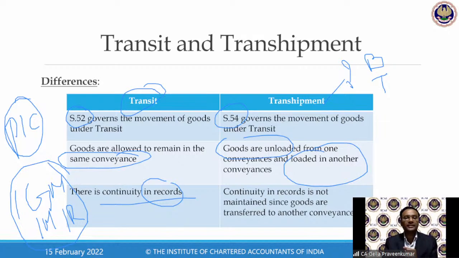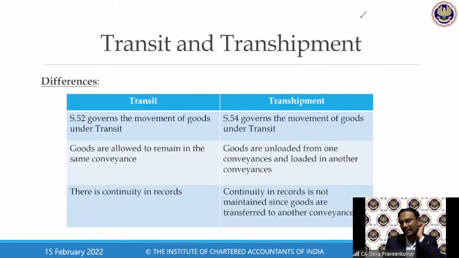In case of transshipment, from one conveyance to another conveyance, every time it changes, the records need to be updated: from Singapore to Vizag, this is the consignment; from Vizag, this portion of conveyance to Mumbai; from Mumbai, this to Goa. So my records keep changing when I do a transshipment. This is the difference between transit and transshipment.